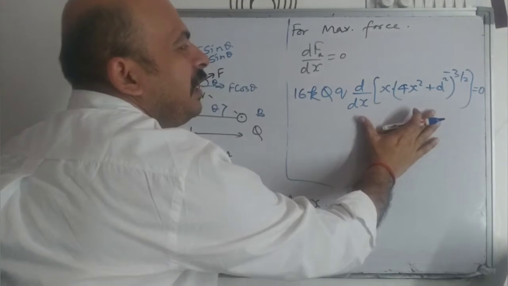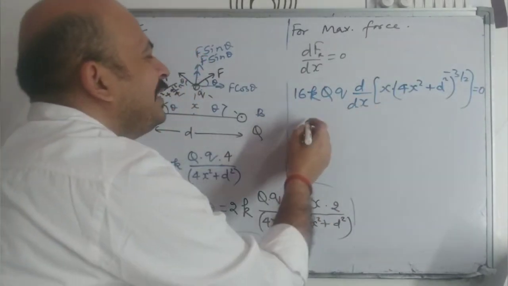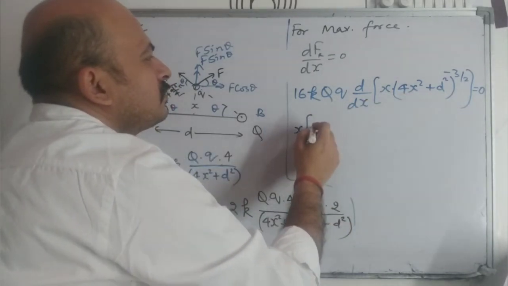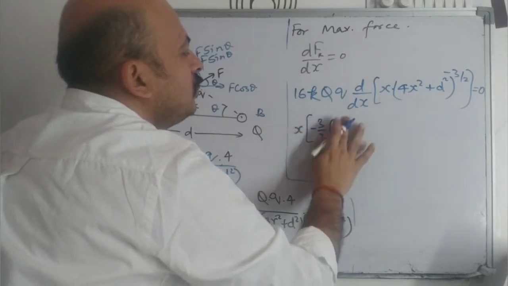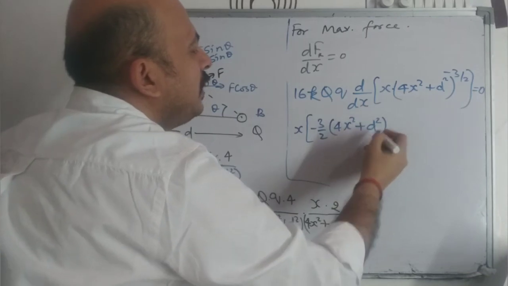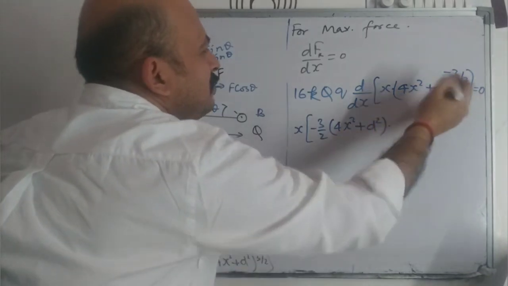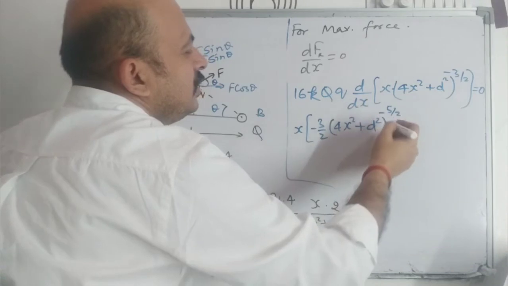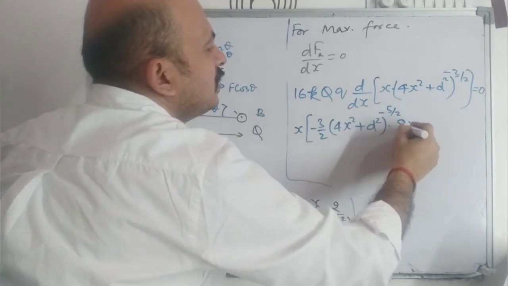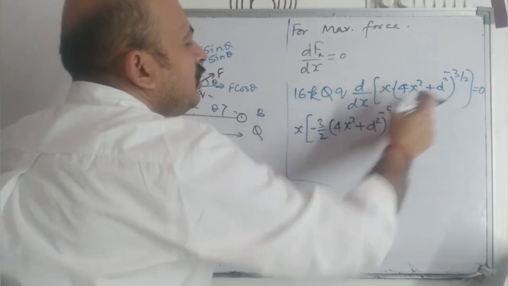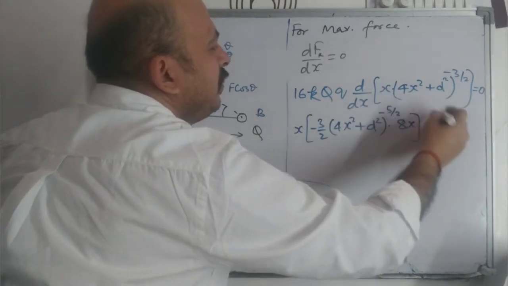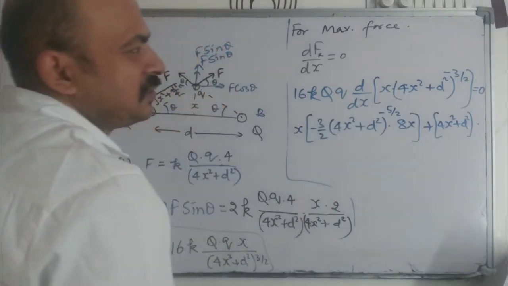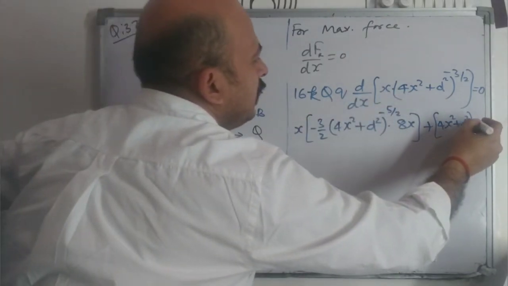It will be differentiated like this: first function into differentiation of second, that is minus 3 by 2 (4x square plus d square) to the power minus 5 by 2 into differentiation of that, that is 8x, plus second function, that is (4x square plus d square) to the power minus 3 by 2, into differentiation of first. Differentiation of x will be equal to 1, and that is equal to 0.